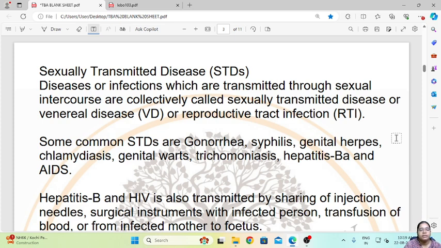So these are the diseases which are caused due to sexual intercourse. Some common STDs are gonorrhea, syphilis, genital herpes, genital warts, trichomoniasis, hepatitis B, A, and AIDS.